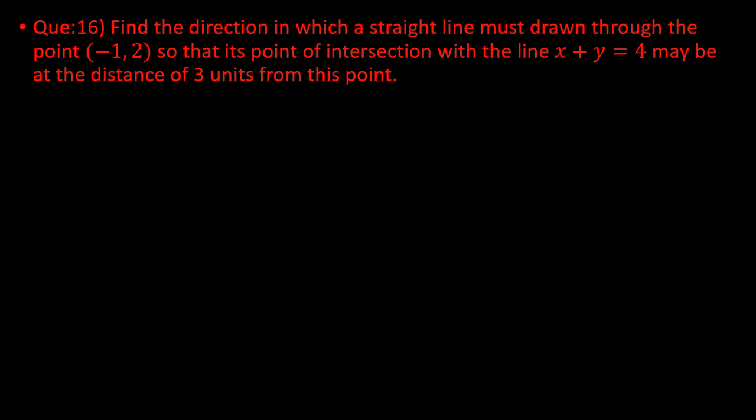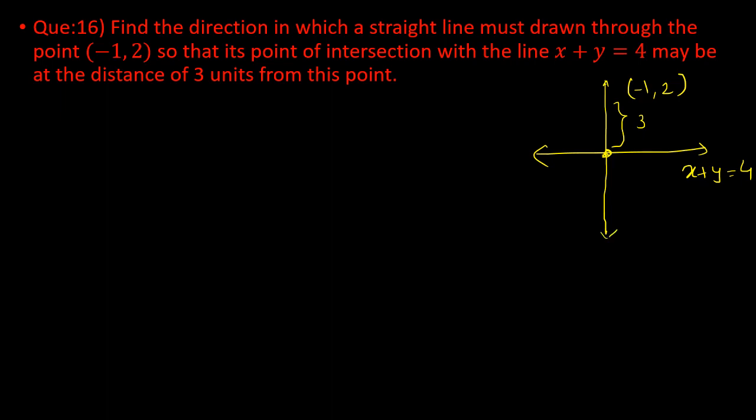So the story is something like this: we have a line, say x plus y is equal to 4 again, and a line is passing through this line. The intersection point and this point -1, 2 are at a 3 unit distance. So this point is -1, 2, right? We need to find the equation and the direction of this line.